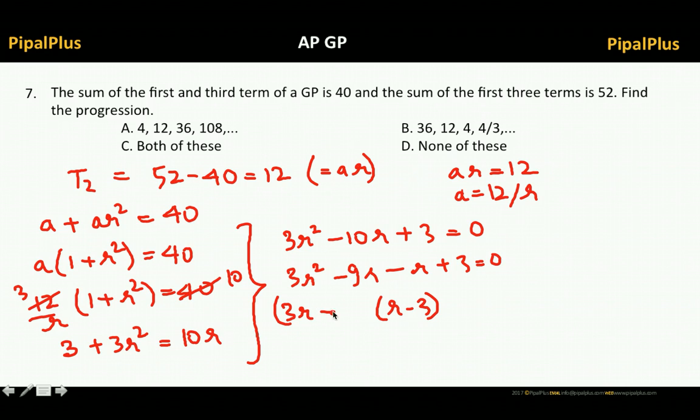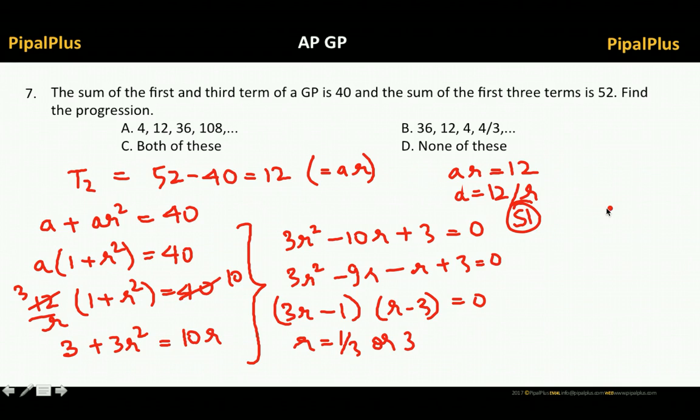Then we take minus 1 common, and we get r equals 1 by 3 or 3. Now if I take r as 3, and I apply this, I get two series.